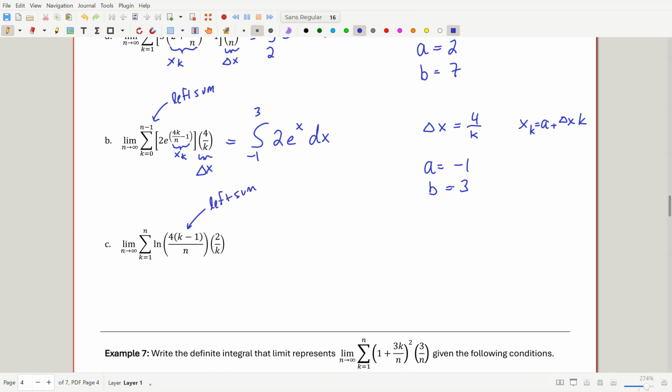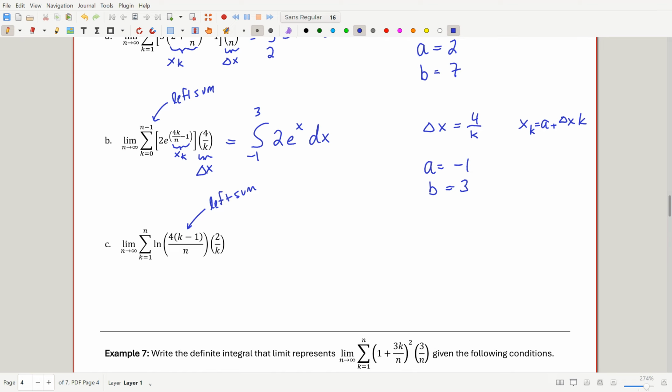So the minus 1 isn't part of the function. It's just making this a left sum instead of a right sum. So the first k that we're multiplying delta x by here is 0. The first k that we're eventually multiplying delta x by is still 0.